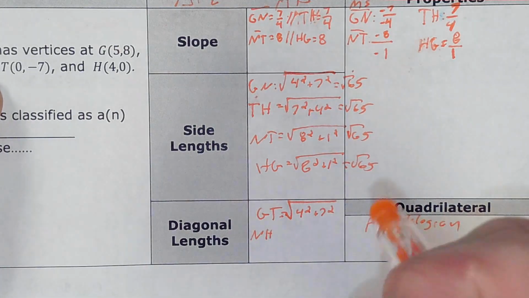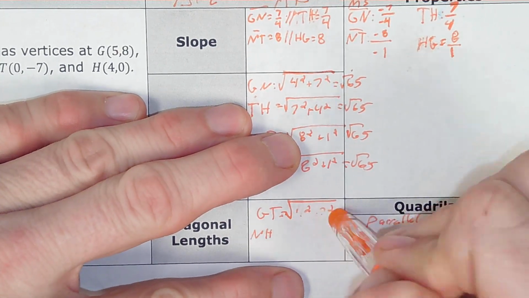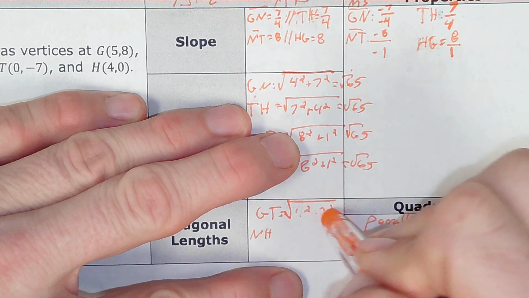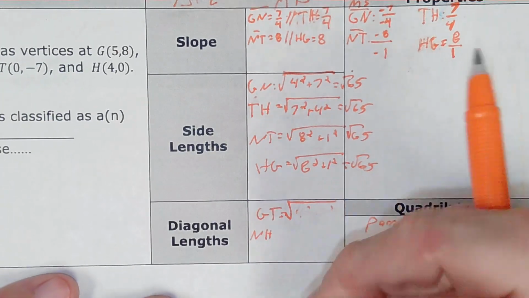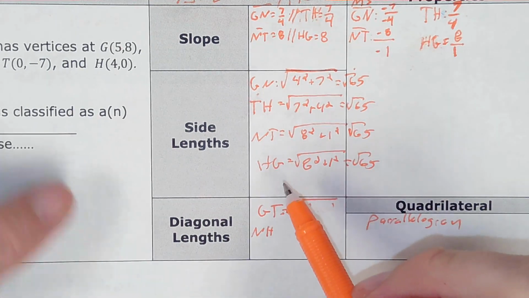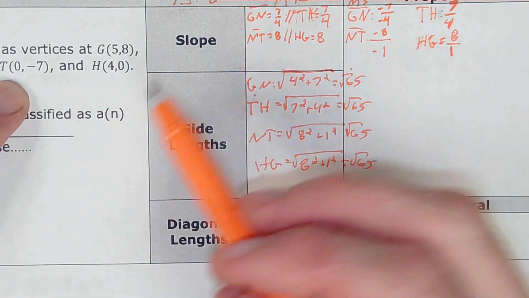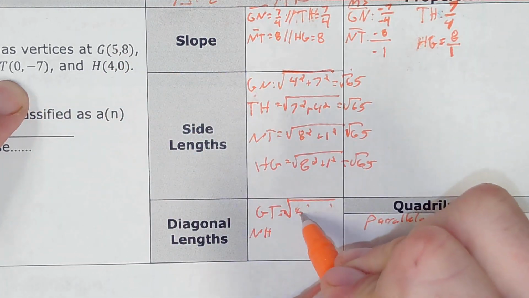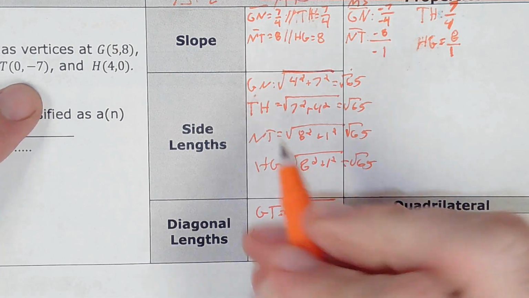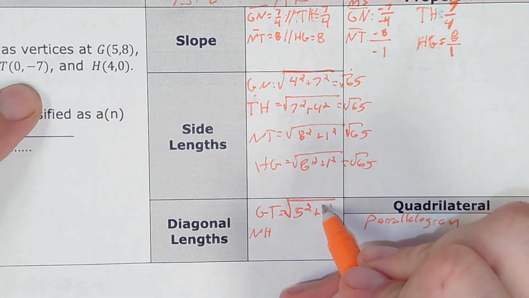No, wait a minute. Hold on. I'm not sure if that's right. GT, oh yeah, 5 squared. Reading the wrong one. Plus 8, that's 15 squared.